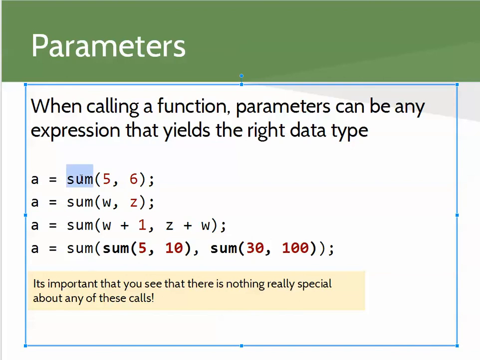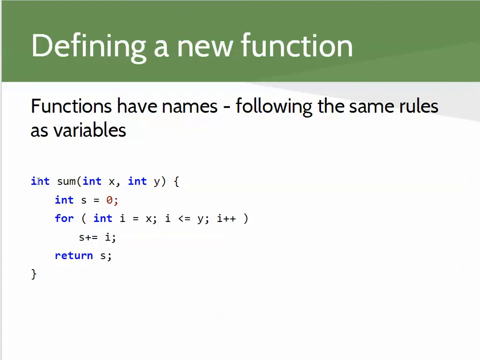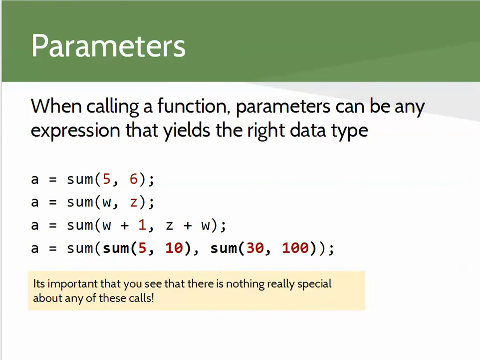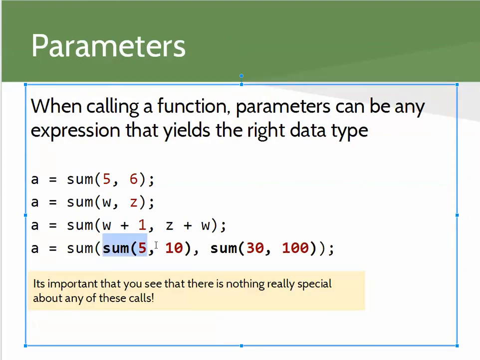From the perspective of sum, go back to the declaration, it's going to have a value of x and y when it gets called. It doesn't matter how complex the process was to figure out what x and y were. So if we go back here, it doesn't matter whether x and y came from the return result of a function, from the return result of some other function. We could call this with sum random.